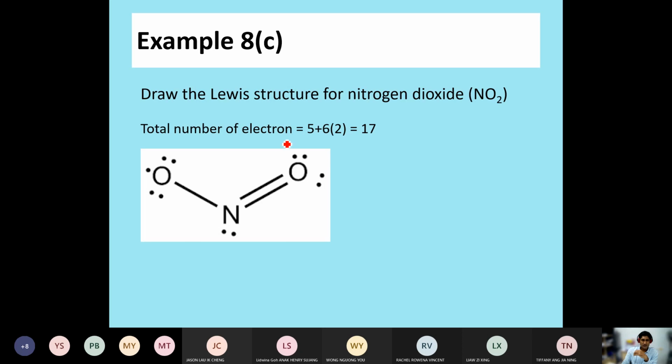When there is nitrogen, there is always a problem, so you have to be a bit careful. Okay, so the Lewis structure of nitrogen dioxide, the total electron number is 17, and we can draw it in this way. There are many other possible structures we can draw. I'll show you in a bit, but we have to find which one is more stable.